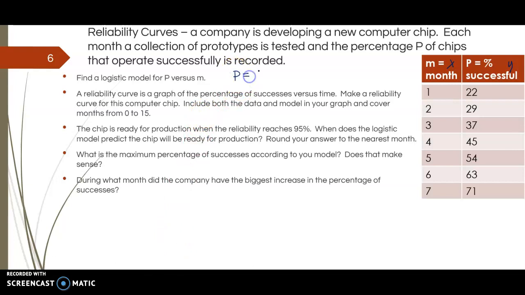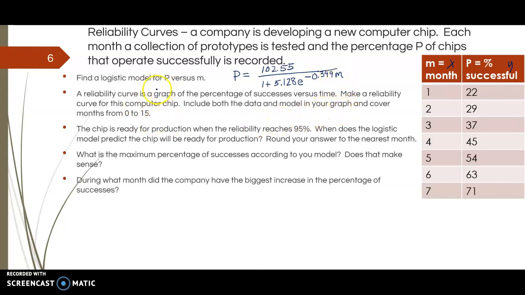So P equals 102.55 over 1 plus 5.128 e to the negative 0.349, and then our calculator uses X. In terms of this problem, it is time and it is in months.